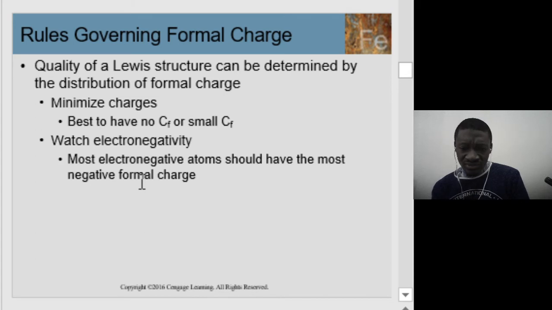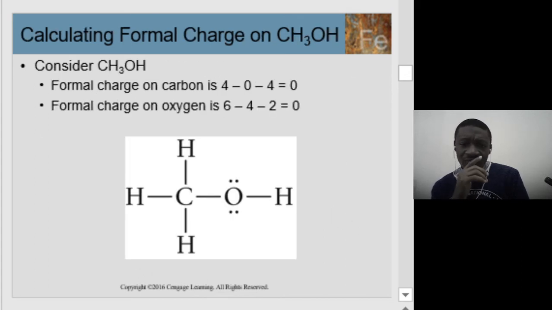I think we've done a lot of talking. Let's look at an exercise. When you're calculating formal charge, you consider the individual atoms. Take for example CH3OH. You look at carbon, the different hydrogens, and then oxygen.